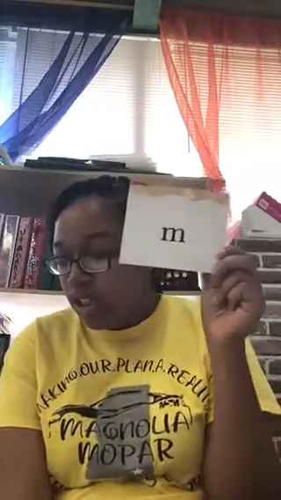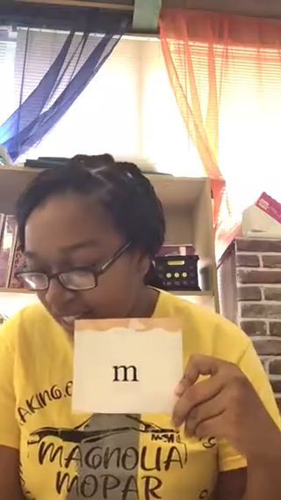All right. So, I'm going to show you our picture, letter, and sound cards for today. Okay, so here we have the letter M. Could you tell me if M is a consonant or a vowel? M is a consonant.